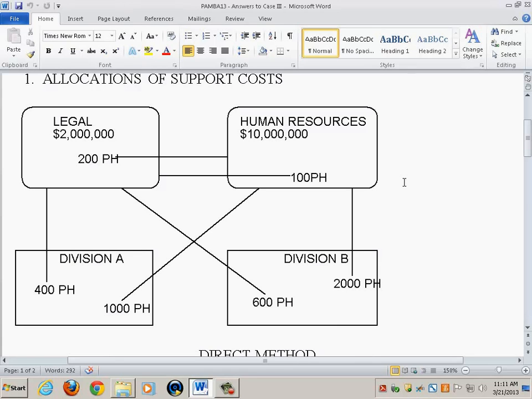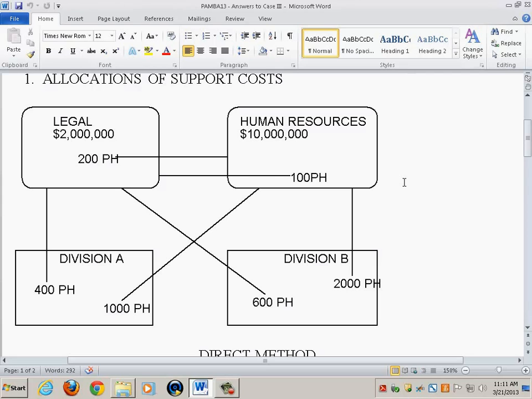The direct method says allocate according to the cost driver, person hours, allocate directly the cost of human resources and legal to the divisions, and the method ignores the exchange of services between the 2 support units, between legal and human resources. So it says just ignore it and allocate everything directly to Division A and Division B.